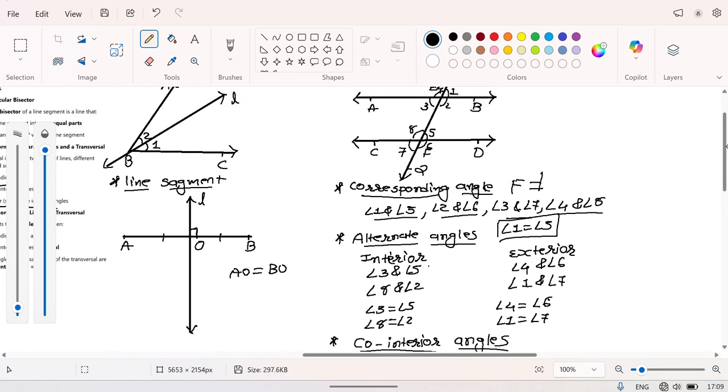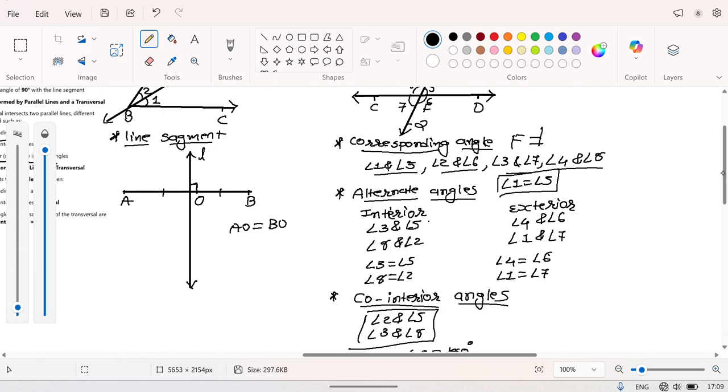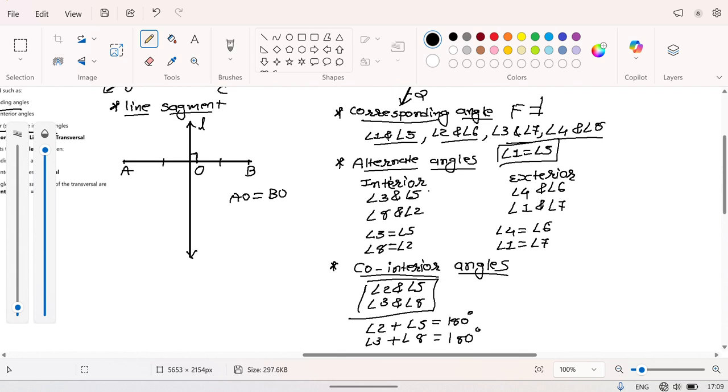So we learned three types of angles from parallel lines and a transversal. The first one is the corresponding angle. Another one is the alternate angle, which has two types: interior and exterior. And the third type is the co-interior angle. Corresponding angles are equal. Alternate interior or exterior angles are also equal, and the co-interior angles are supplementary.